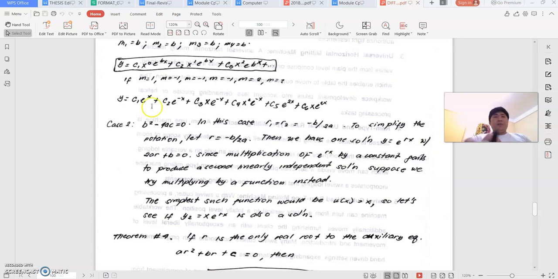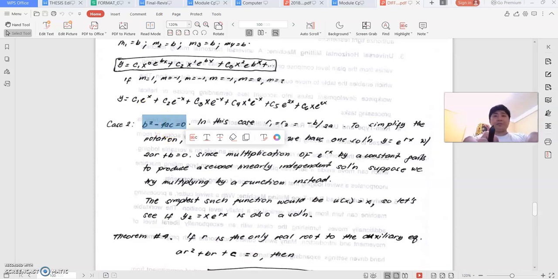So to elaborate more for case number 2, which is the repeated roots. The same as case 1, you will know that the given equation has repeated roots by doing this.